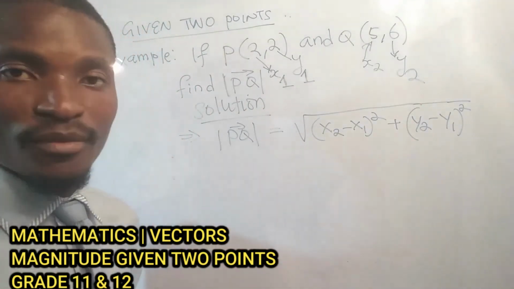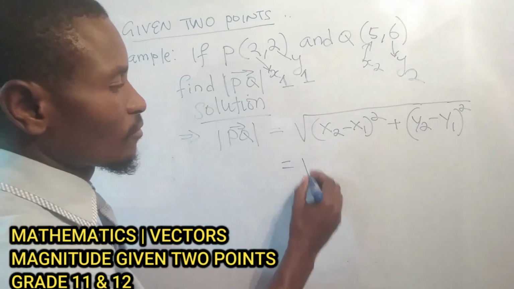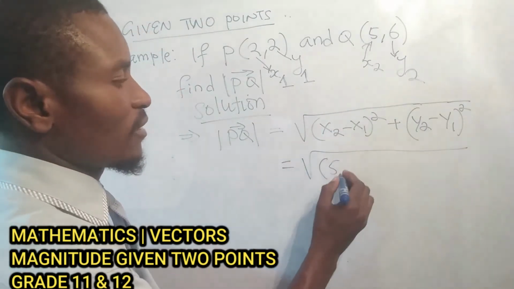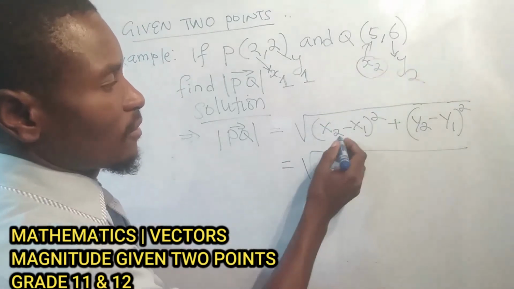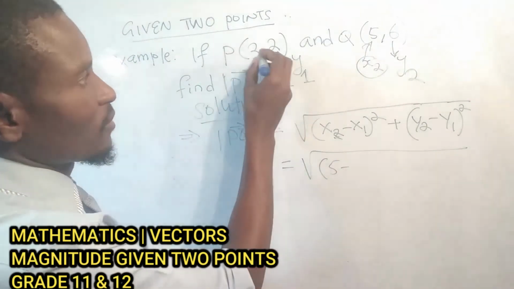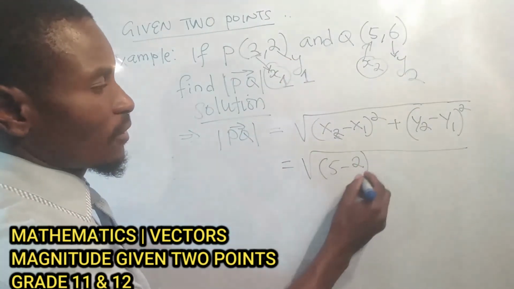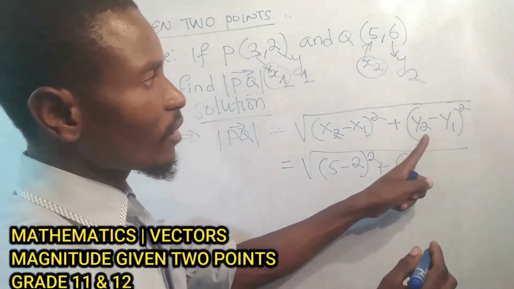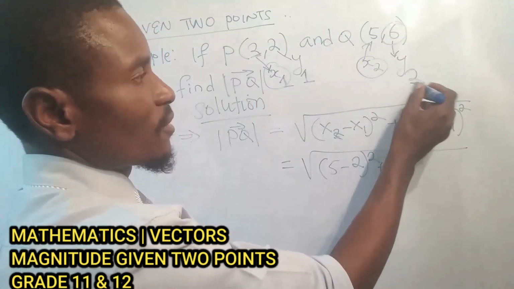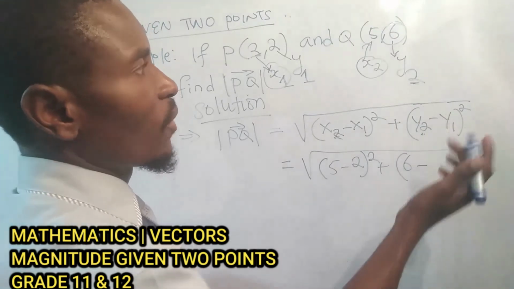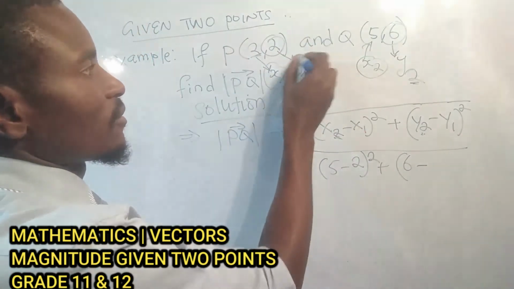Okay, so our x2 is 5, then x1 is 2, and then we square, plus y2, 6, minus our y1, is this one.